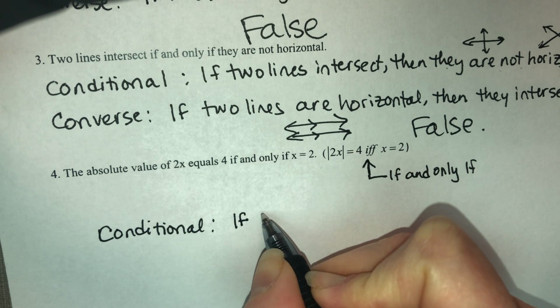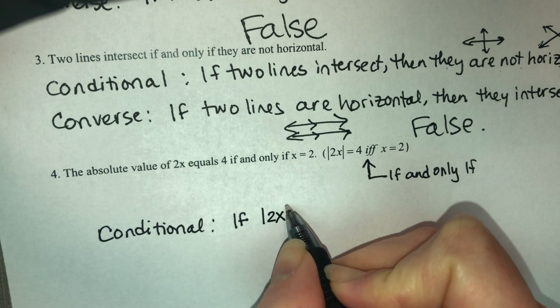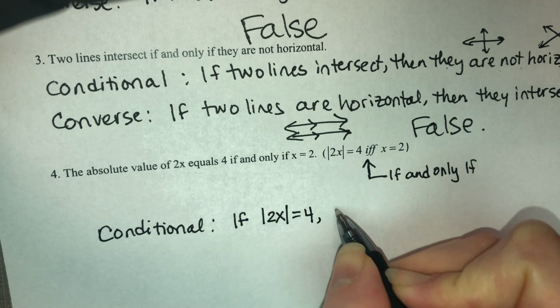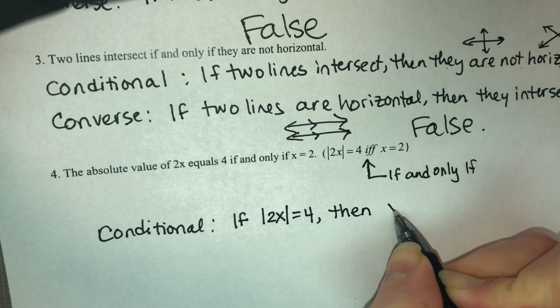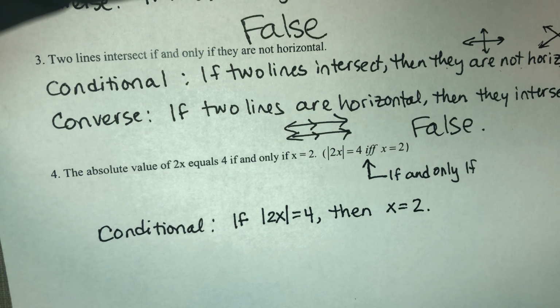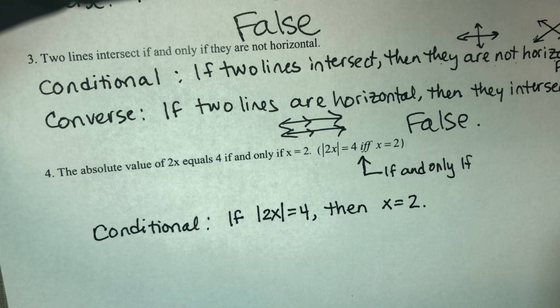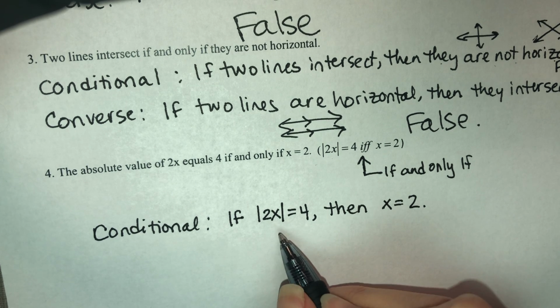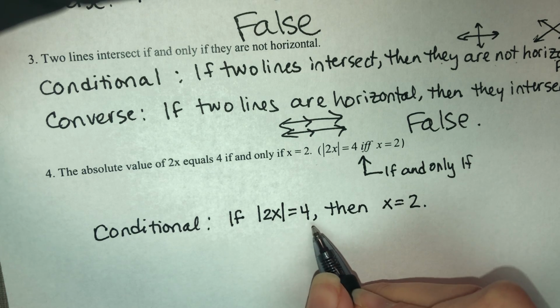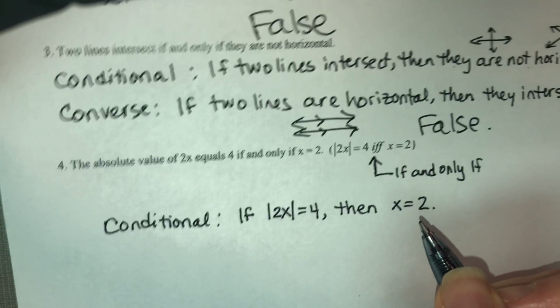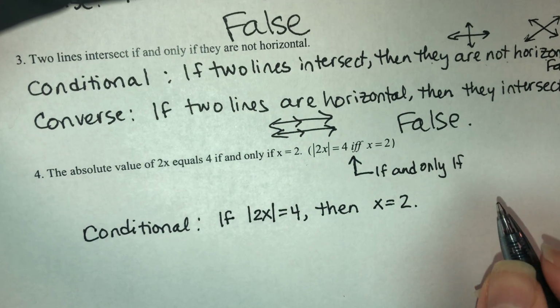If the absolute value of 2x is equal to 4, then x is equal to 2. Is that true or false? Well, if you plug a 2 in there, 2 times 2 is 4, and the absolute value of 4 is 4, so that is true with x equals 2. But does x have to equal 2?